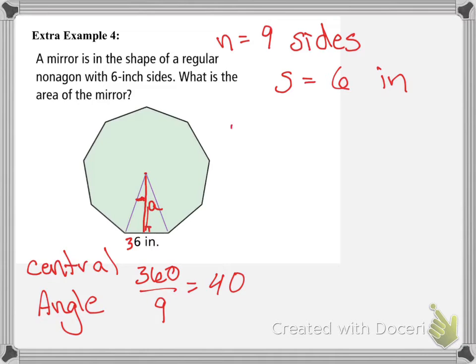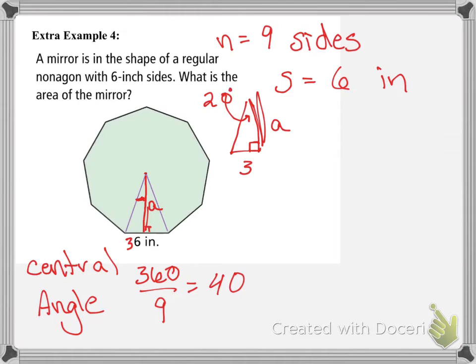So I'm going to draw a little sketch of this triangle, and let's orient it the same way. There's a right angle. This side is 3. This little angle here is 20. And I'm trying to find this side a. This is why we always do the trig before this section, because I'm going to have to use some trig here. I know this angle, 20 degrees.